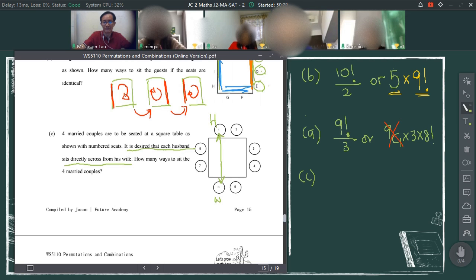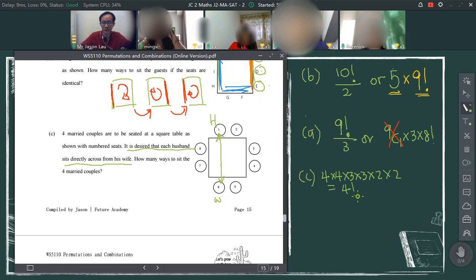Mr. Lau, is it 4 times 4 times 3 times 3 times 2 times 2? Okay, is it 4 factorial times 2? Is 4 times 4 times 4 times 4 the same as 4 factorial times 4 factorial?